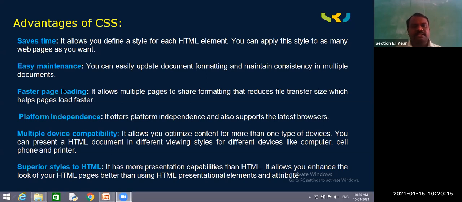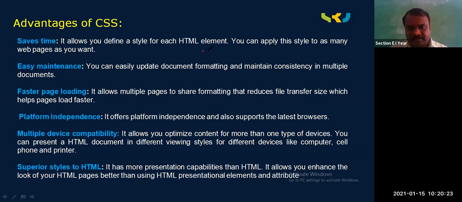Faster loading means this is also an advantage. Here is a very simple thing. If you write the same property three times, again it is the reusability concept only. I have written this property for the first line, second line, and third line.